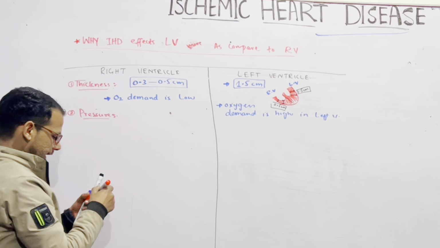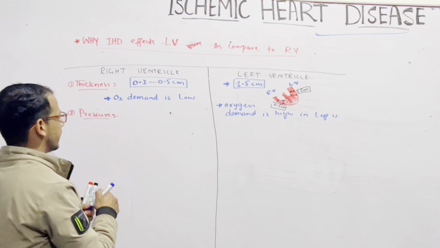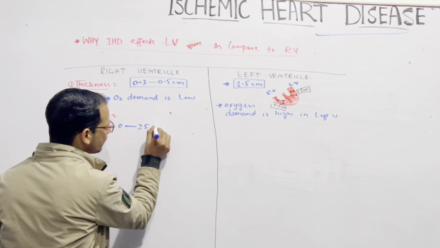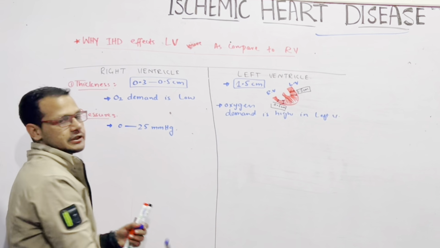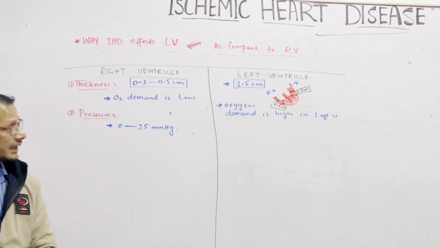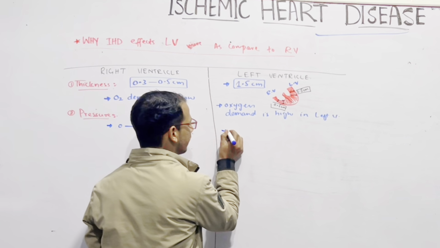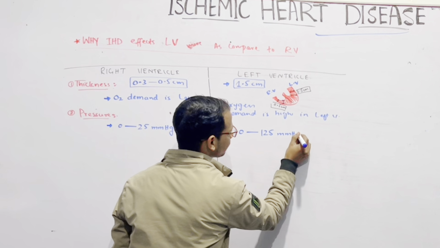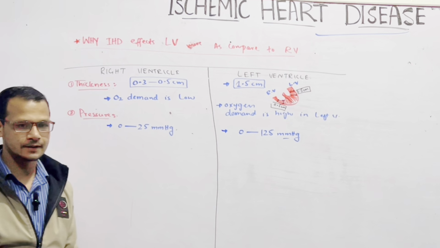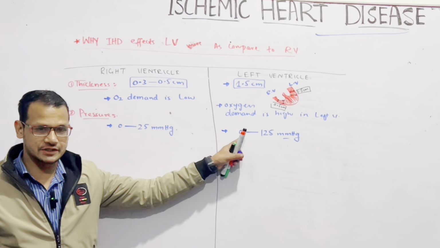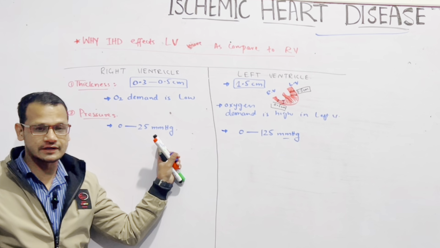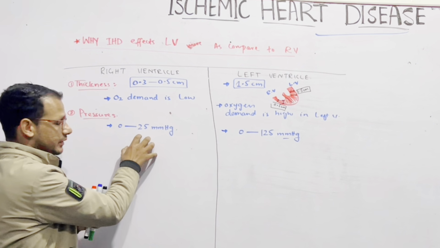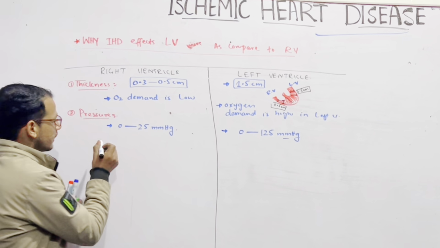The next point is the pressure. Blood pressure: on the right side, the blood pressure is from 0 to 25 mm of Hg, but the pressure on the left side is from 0 to 125 mm of Hg, or 130. It squeezes with more pressure on one side and with less pressure on the other.